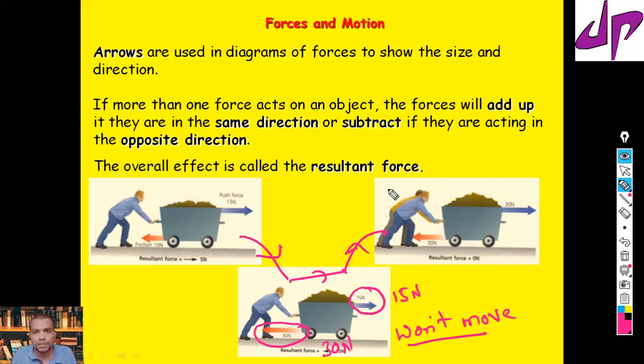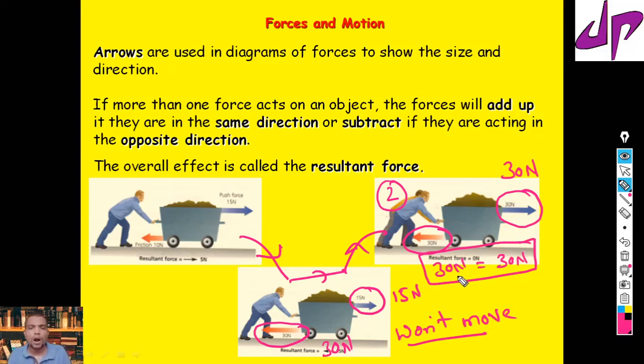Now two persons came here, and those two persons are applying force. Here you can see the applied force is 30 Newton and the backward force is also 30 Newton. So in this case, both forces are opposite and equal.